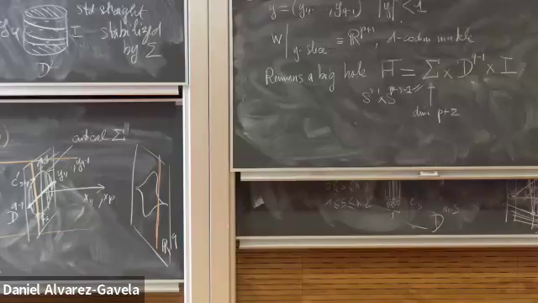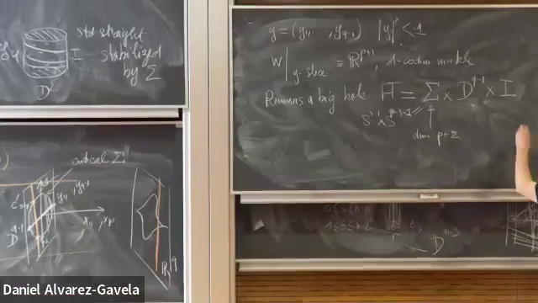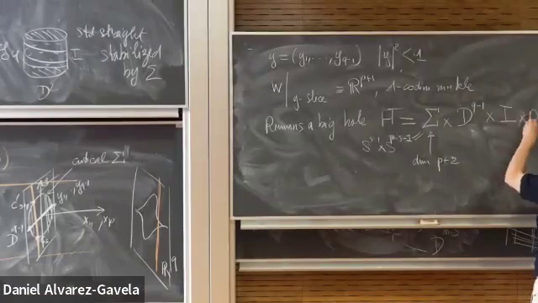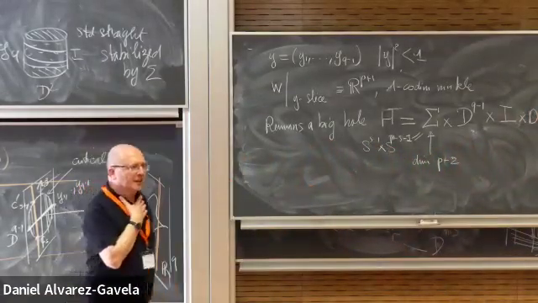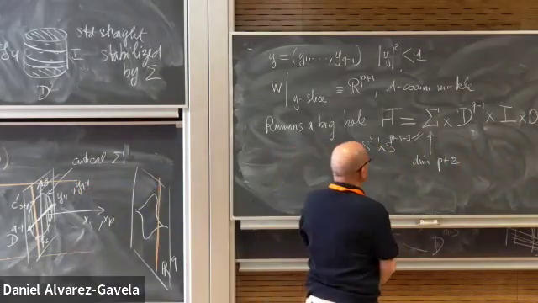Am I correct? The dimension is p minus 2, q minus 1. Sorry, that's the 2 of course. The base of the base.